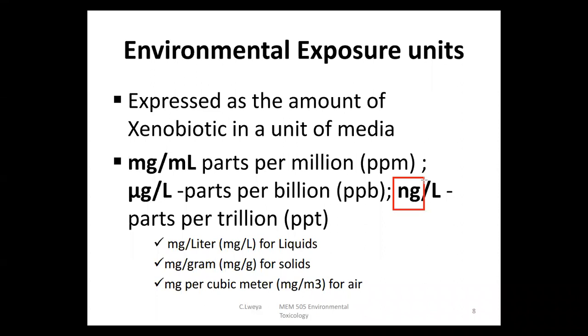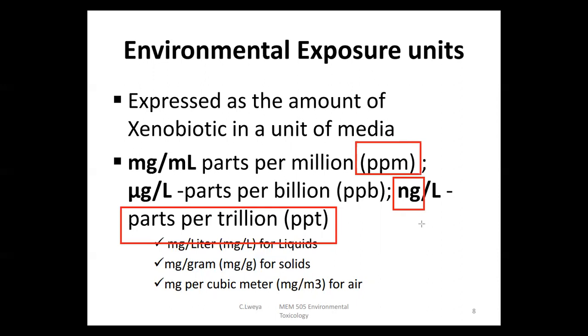That's a very big number, because 3 zeros is 1,000, 6 zeros is 1,000,000, and now I don't know the name of the number that has got 1 with 9 zeros. So when you have a gram being divided by that and expressed into a liter, that's what we call ppt, particle per trillion. But this one is not common. Mostly we use ppb.